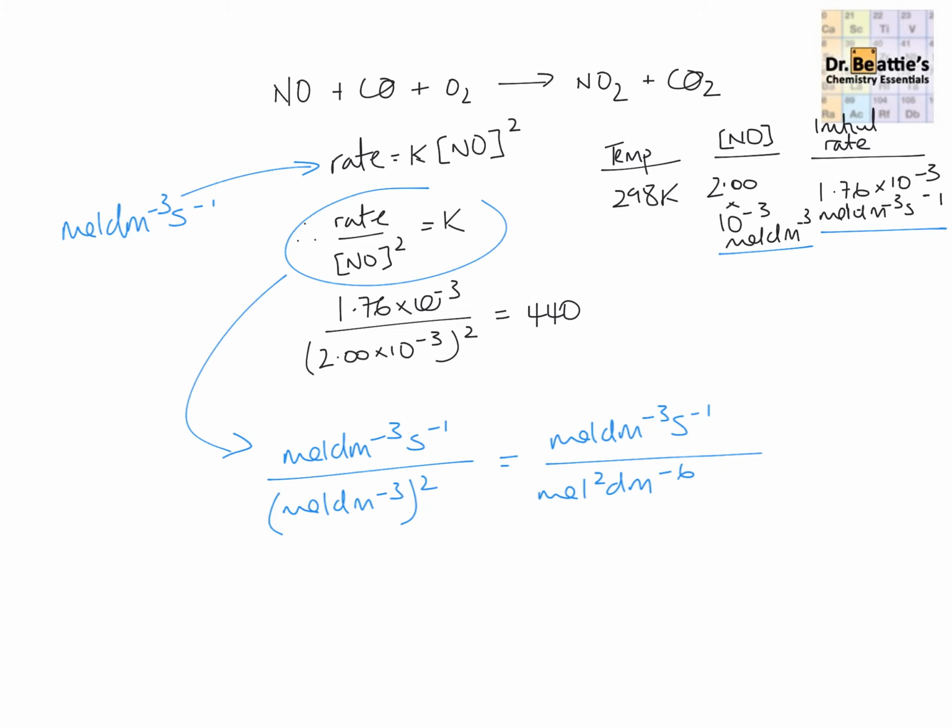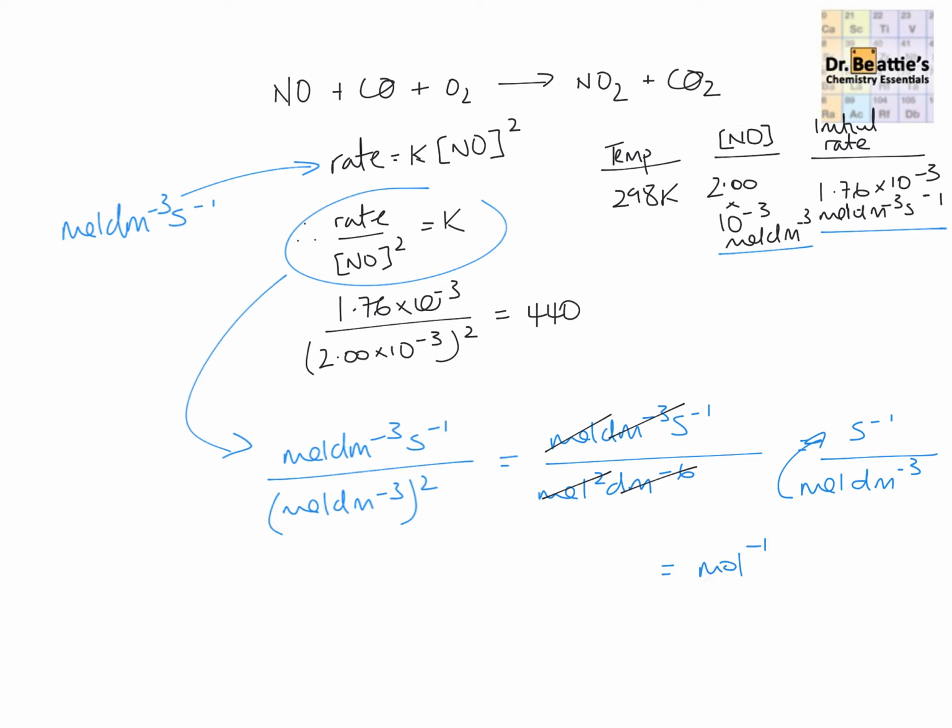And then what we want to do is cancel out the units where appropriate. So we're left with only S minus 1 on the top there. We've cancelled out one of the moles on the bottom, and we've cancelled out a dm minus 3 on the bottom. So we're left with this. And we want to get rid of the fraction, so we're going to use the index laws to put this on the top line.